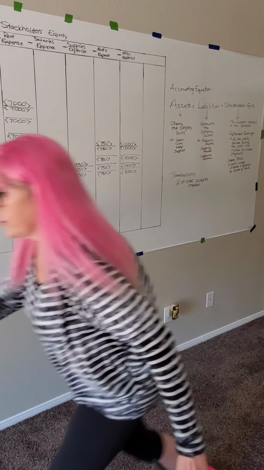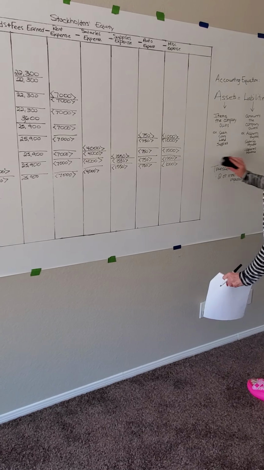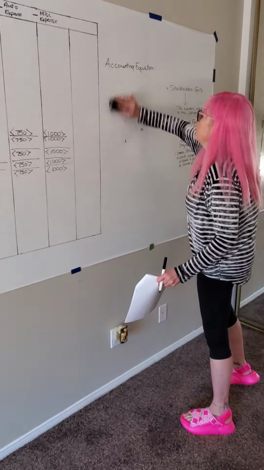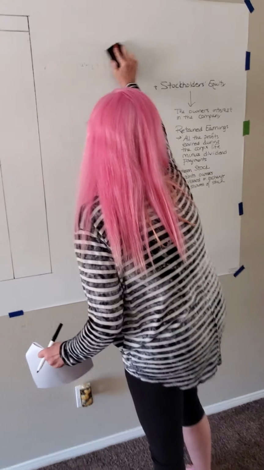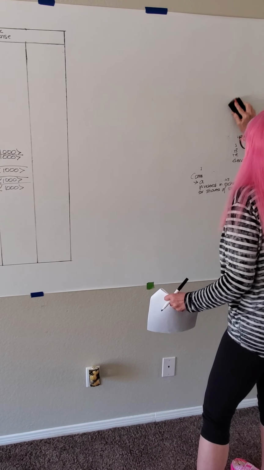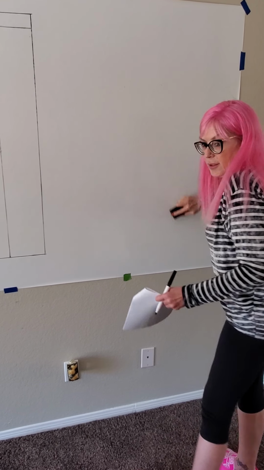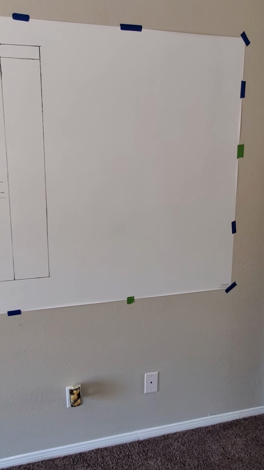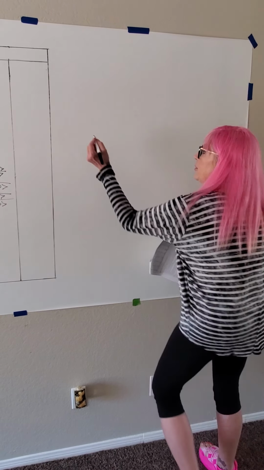Let me grab an eraser here. Again, remember that revenue is recognized as earned at the time that the service is performed or the customer receives the product, regardless of when cash is paid. Then they ask us to calculate net income for April.